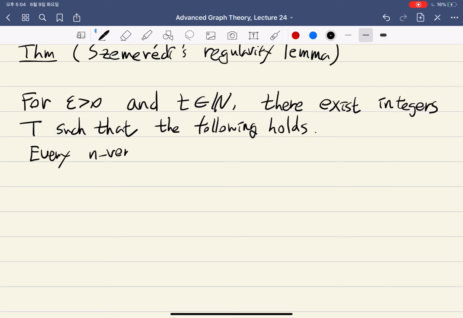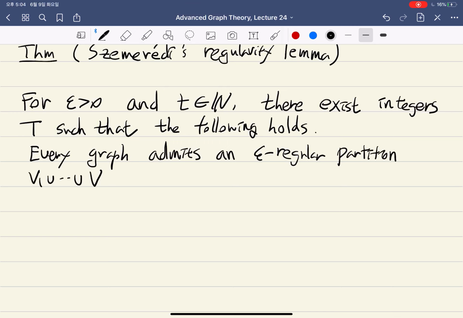Every n vertex graph admits an epsilon regular partition B1 to BR with R at most T. So, okay, let's forget this small t for now.